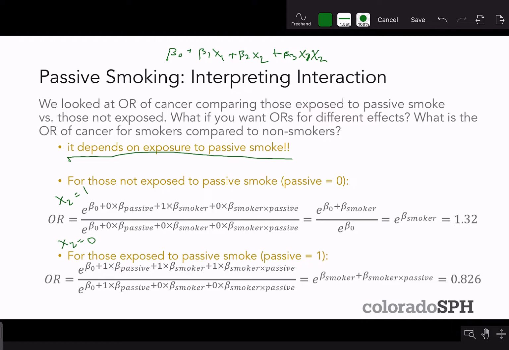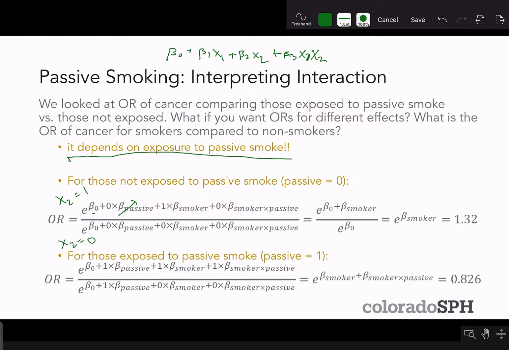And so for the first term, you have the intercept beta 0. For the next one, in this case, x1 is 0 because it's the passive smoking group, so that term's going to drop out. Then we have x2 equals 1 here on the numerator, but x2 equals 0 in the denominator because that's the group we're trying to compare.